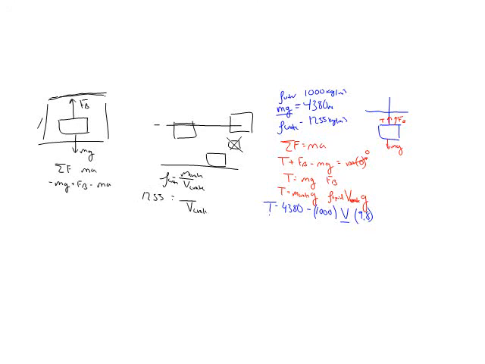How do we figure this out? Divided by 9.8. Good. So we're going to take mg equals 4380. We know that g is 9.8, so we'll divide 4380 by 9.8. So this would be 447. So our mass is 447.